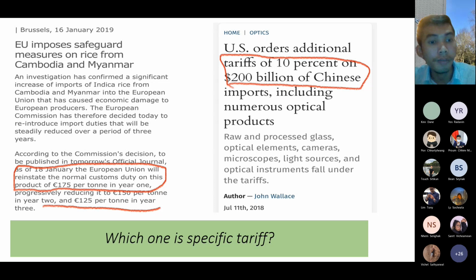According to the Commission decision, to be published in tomorrow's official journal as of January 18, the European Union will reinstate the normal customs duty. Previously the European Union did not impose any normal customs duty because we enjoyed EBA from the EU, so we could export to the EU duty-free, quota-free.